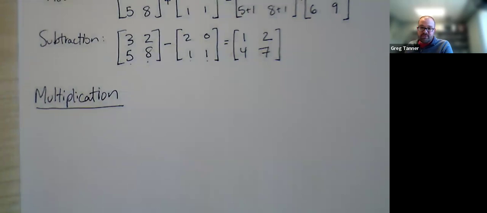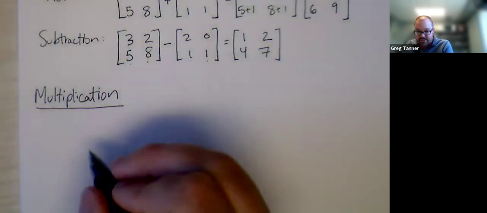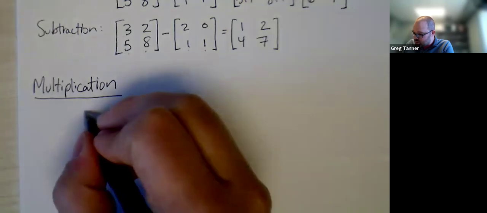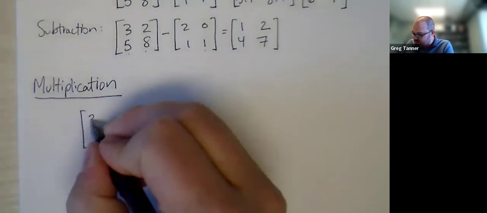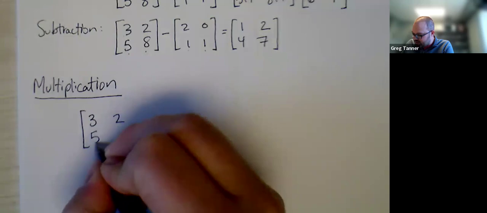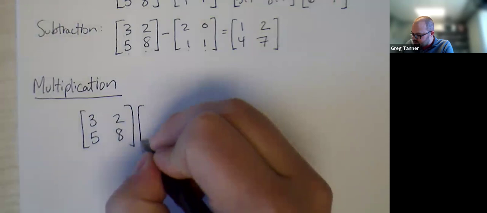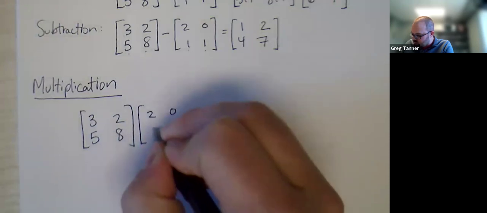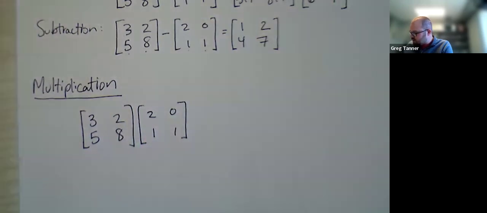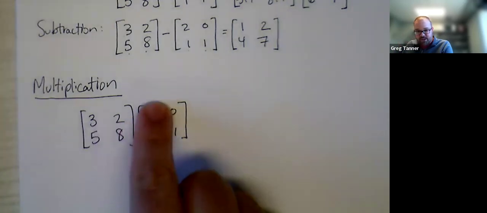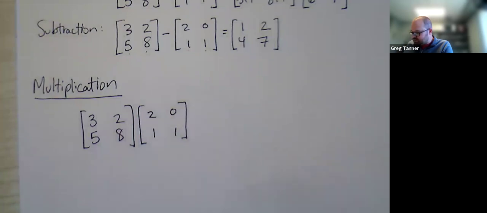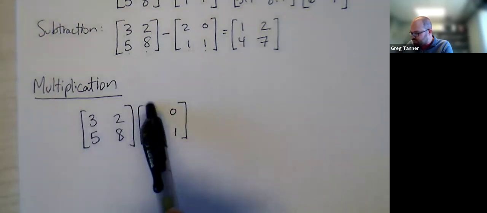Instead, you take rows of the first matrix and multiply them by columns of the second matrix. So the easiest way to explain is maybe to just show you. If we're taking the matrix 3, 2, 5, 8, and multiplying it by the matrix 2, 0, 1, 1, the trick is we want to take the first row and multiply it by the first column. So you sort of think of taking rows multiplying by columns.